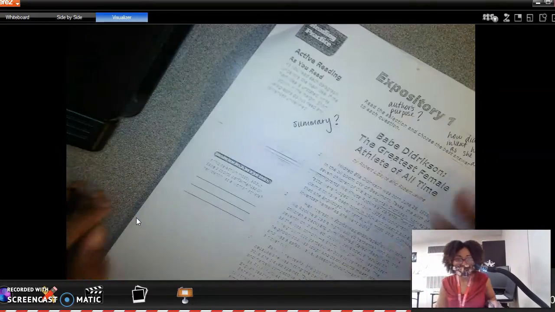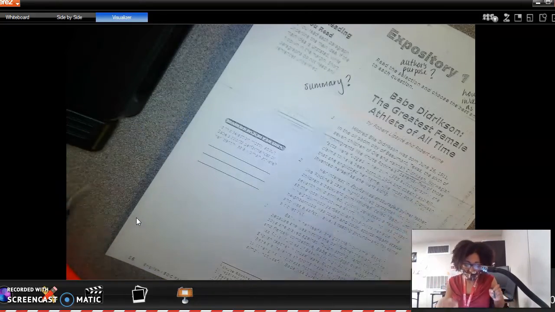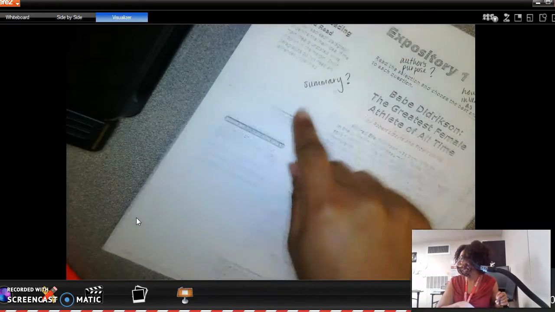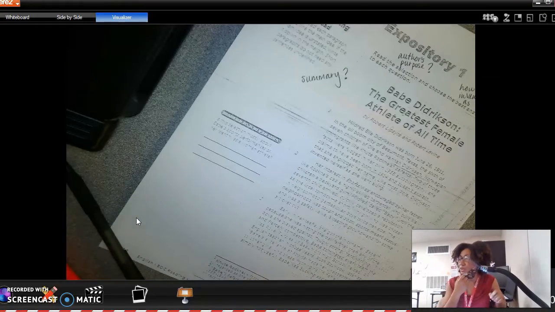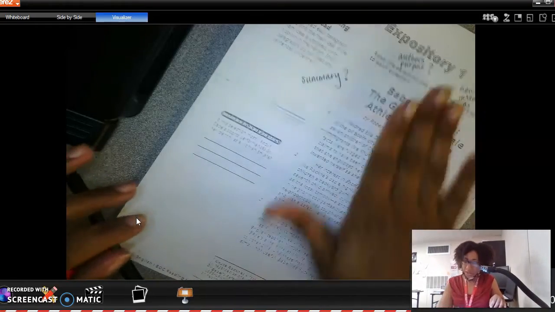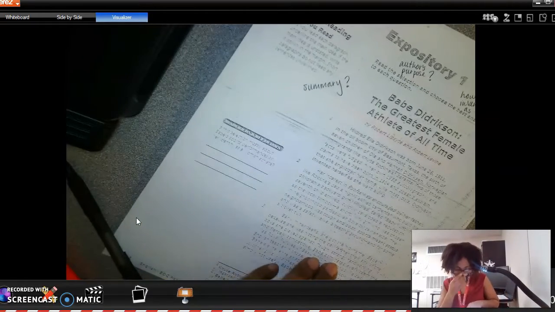Put a little question mark. Okay. And then as we read to answer that question, we could easily go through and highlight the most important sentence every few paragraphs and come up with a summary. Kind of have an idea to answer that question.